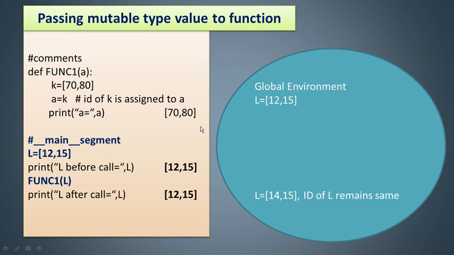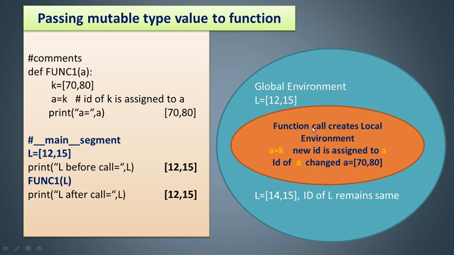Here we have changed the ID of the list, so a new list is there for A, and new values will be there. The original will remain the same. Now A and L have two different addresses. This is how parameters of mutable and immutable types are passed.